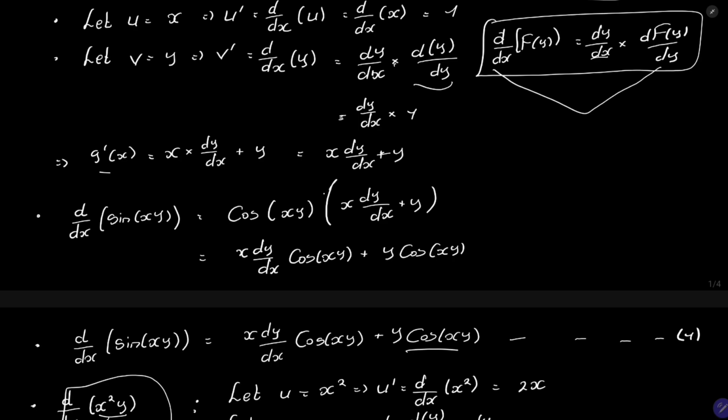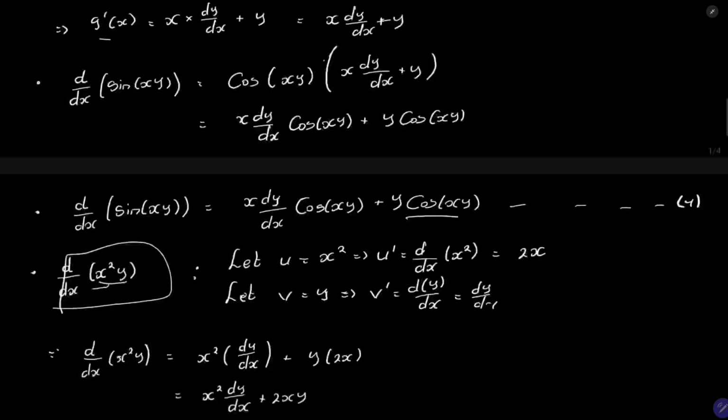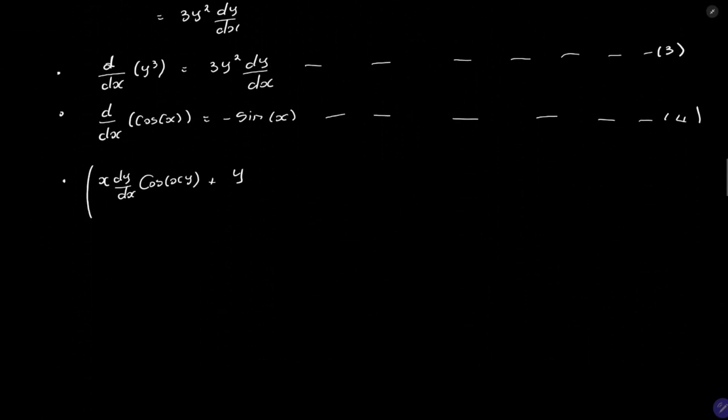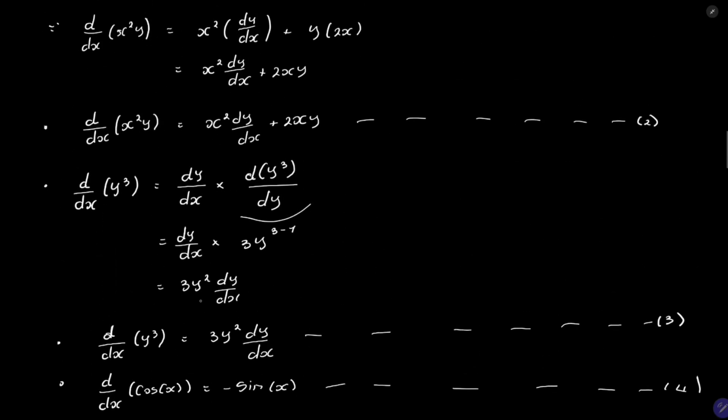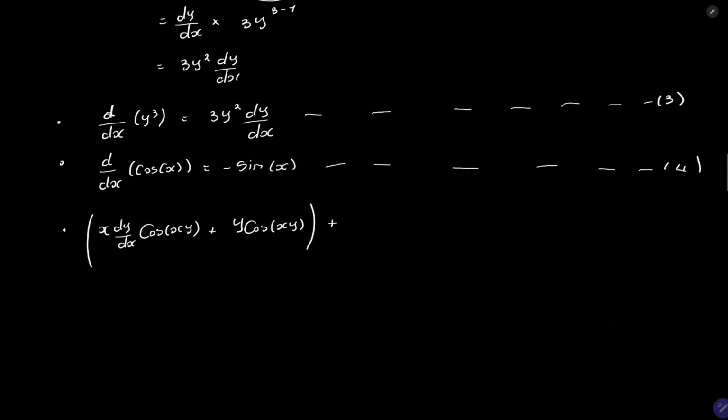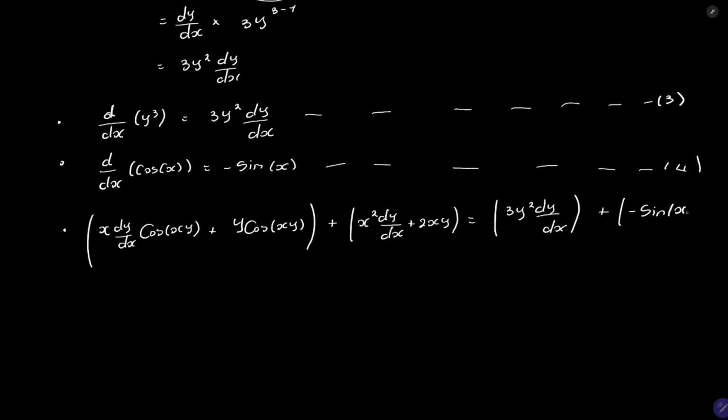Yes, plus y cos xy is okay. Plus our second term, which is x squared dy on dx plus 2xy, equal to our third term, which is 3y squared dy on dx, plus our fourth term, which is minus sine x.